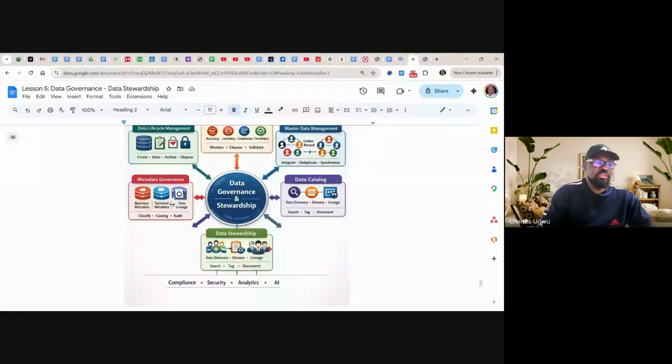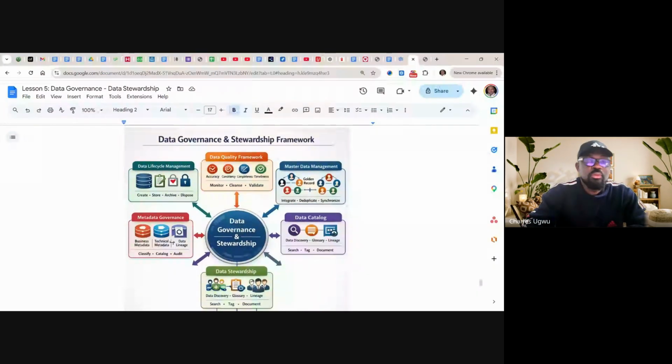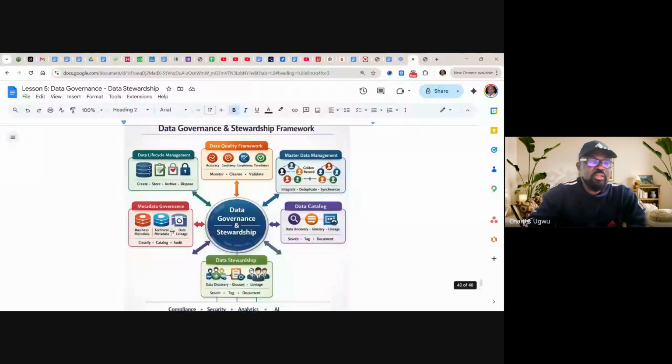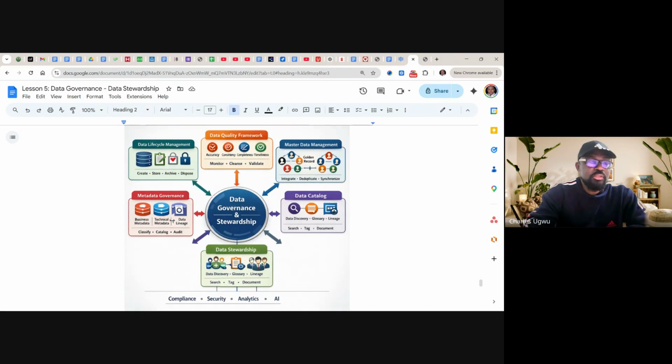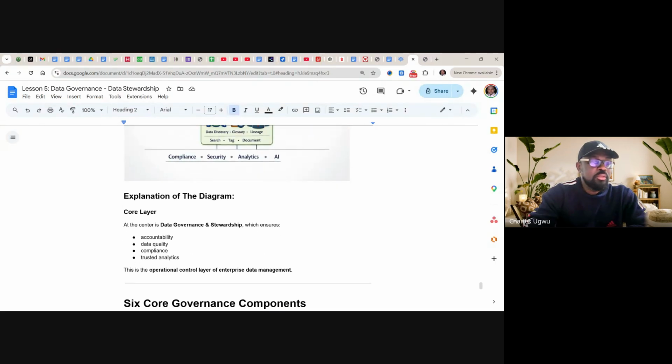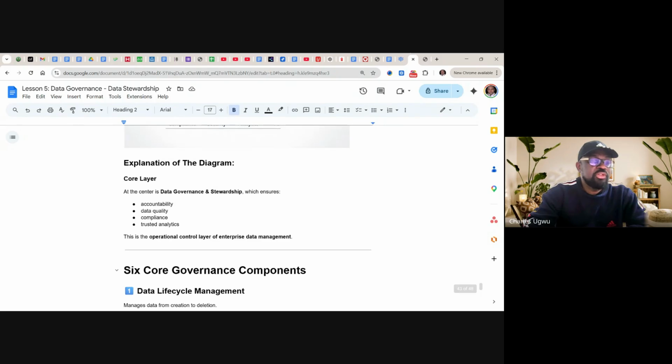So this is the data stewardship. And this will help to give you more understanding of where everything we are doing, where we are, and where you are as a data steward officer. And this is the explanation of the diagram.